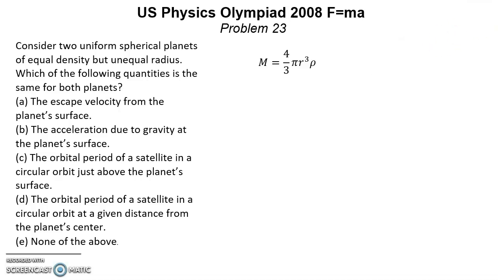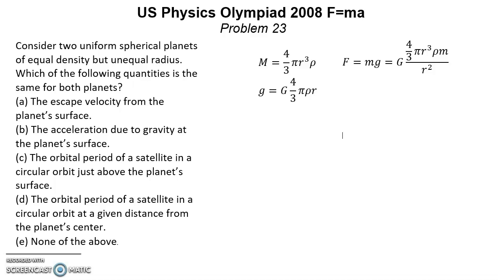After that, we can find the force of gravity right on the surface of this planet. So this force equals this expression, where m small is the mass of our object. From this formula we can find the acceleration of free fall right on the surface of this planet. As we can see, this acceleration is proportional to radius for the same density.